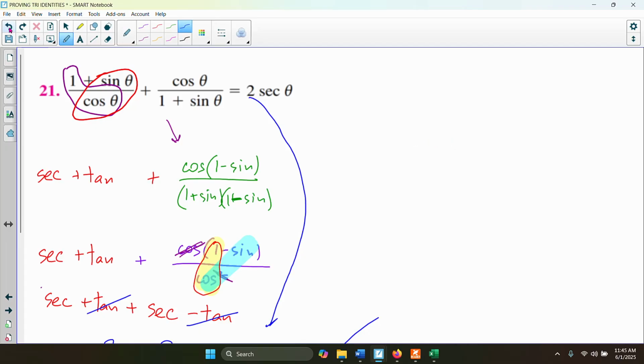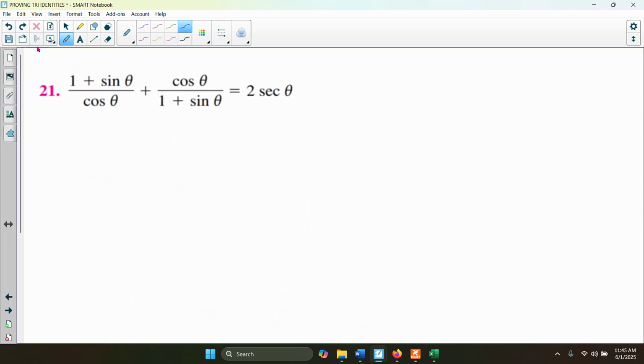I guarantee that I could actually do it with another technique. Let me see if I can honor that guarantee. Yes, I could see another technique, and I don't know which one I prefer, but the fact that you can do more than one is what I find so exciting about this.